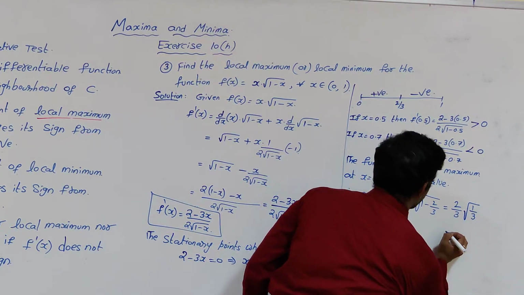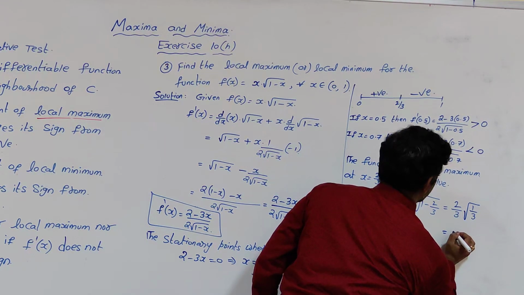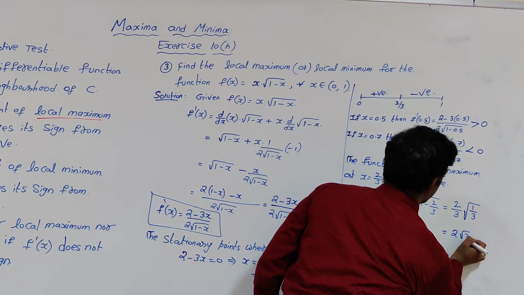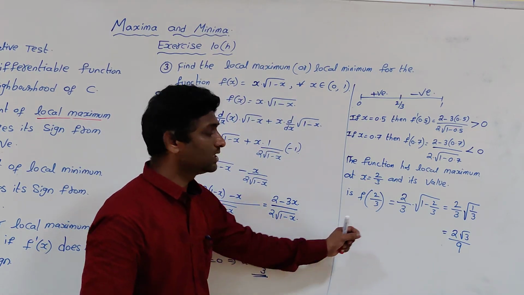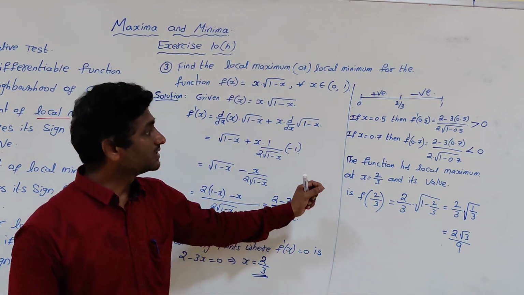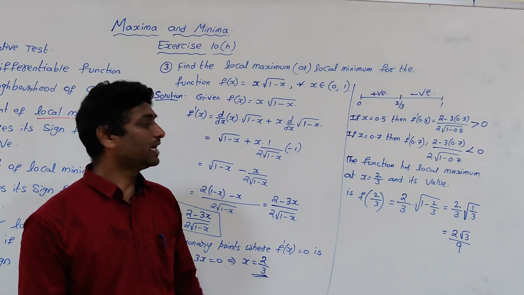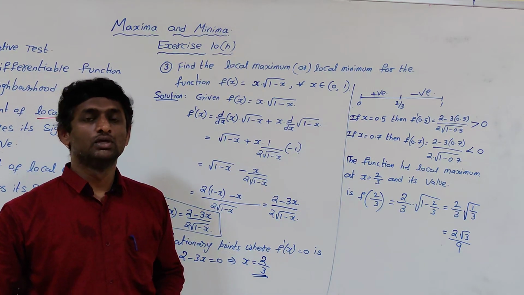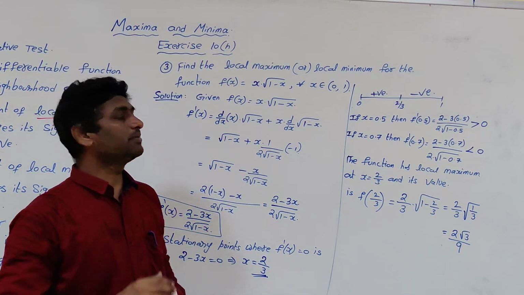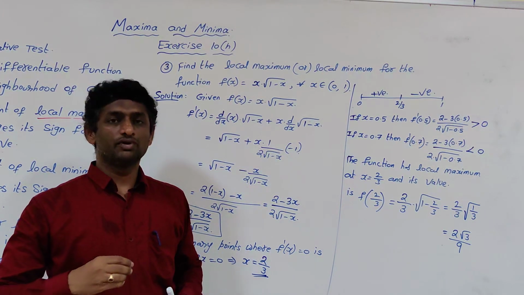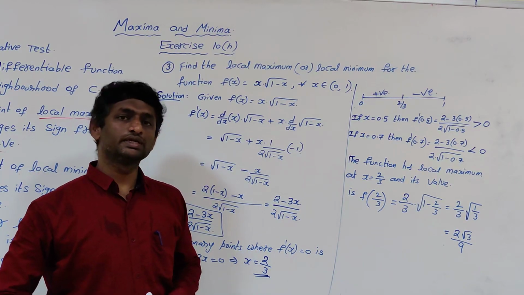Or we can write it as 2 root 3 by 9. So that is the maximum value at x is equal to 2 by 3. So these are a few problems on local maximum and local minimum, and we will come back with a few more problems in the next session. Thank you.